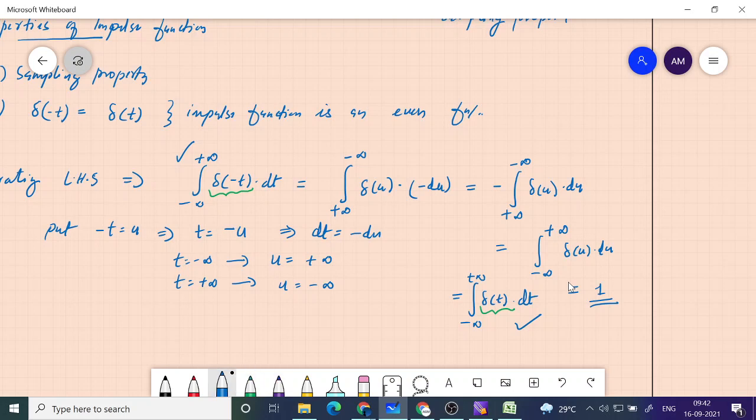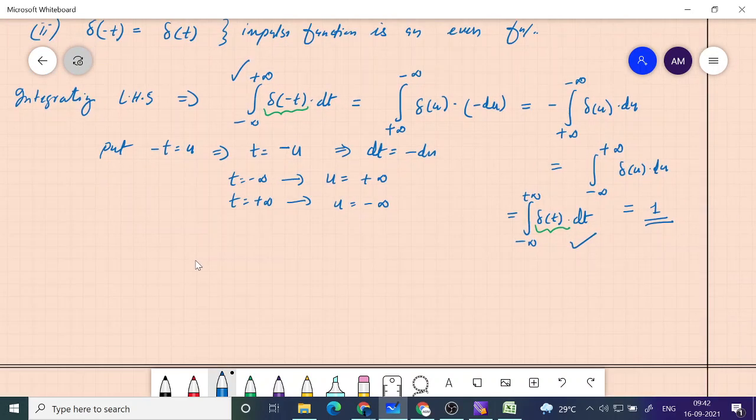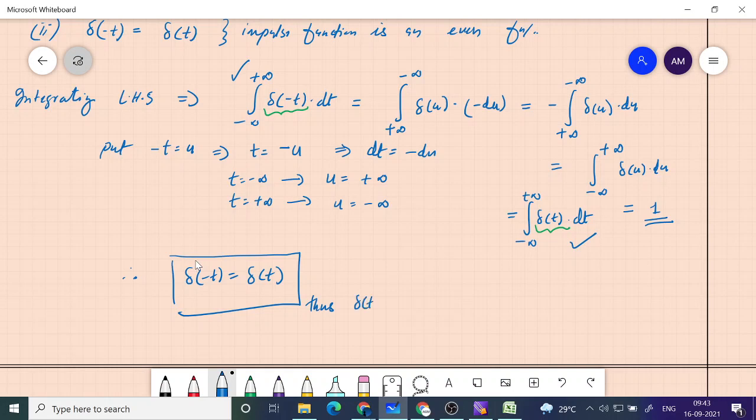Okay, so therefore we have proved that delta of minus t is equal to delta of t. So thus we showed that delta of t, that is the unit impulse function, is an even function.